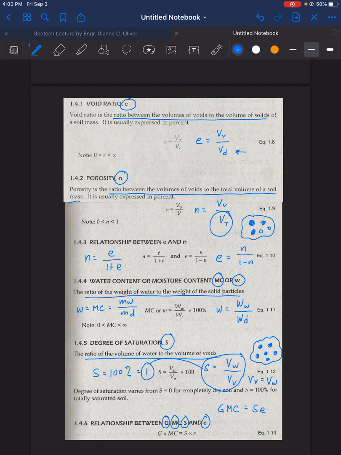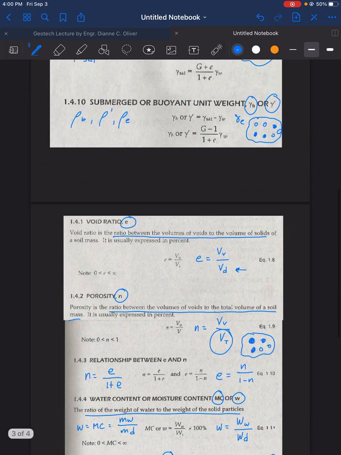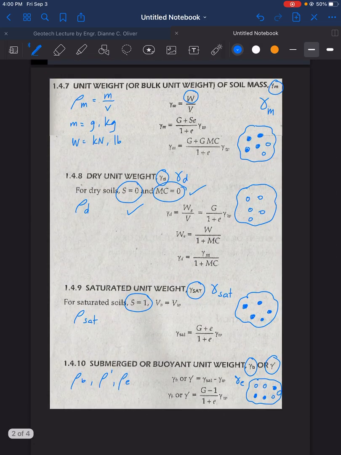And as for the porosity, you can get the value of porosity if you get the value of e. Okay? So that's some things to remember so that you can solve the problems here in geotech. It is going to be useful because we will be talking mostly of these concepts, these terms and formulas.